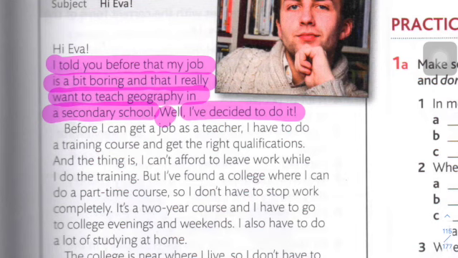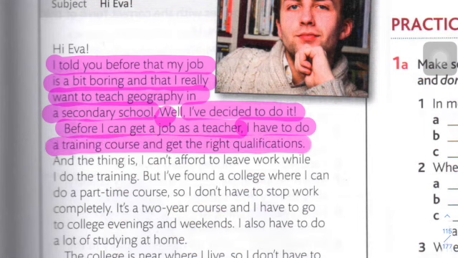Before I can get a job as a teacher, I have to do a training course and get the right qualifications. It's very important if you want to be a teacher or when you want to have a new career or change your activity. It's very important to have the correct or the right qualifications to do that job.